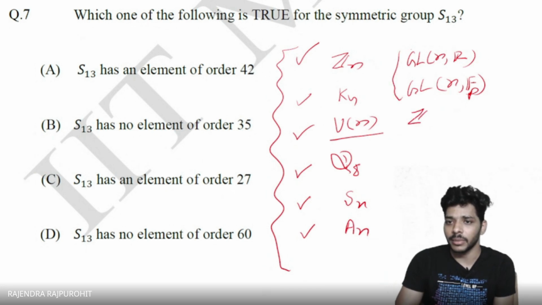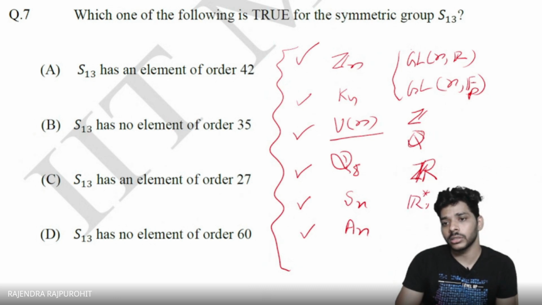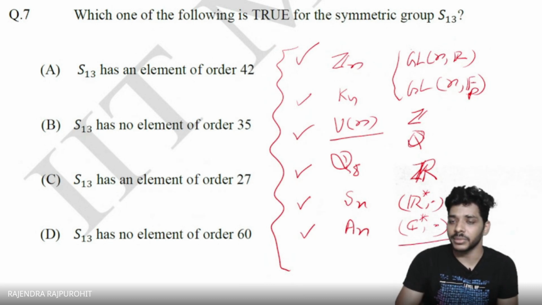You should know everything about Z, and about Q, the rationals, and R. Should know about R plus, R star, the set of all non-zero real numbers with multiplication. C plus, C star, the set of all non-zero complex numbers; there is nothing such as a positive complex number. These are all the infinite groups which you should know about. And then you should also know about the direct product G1 cross G2.